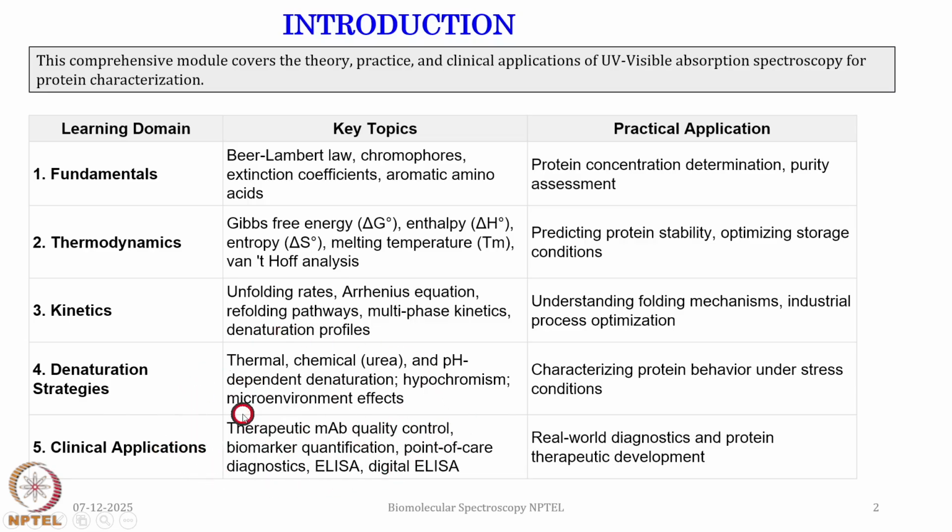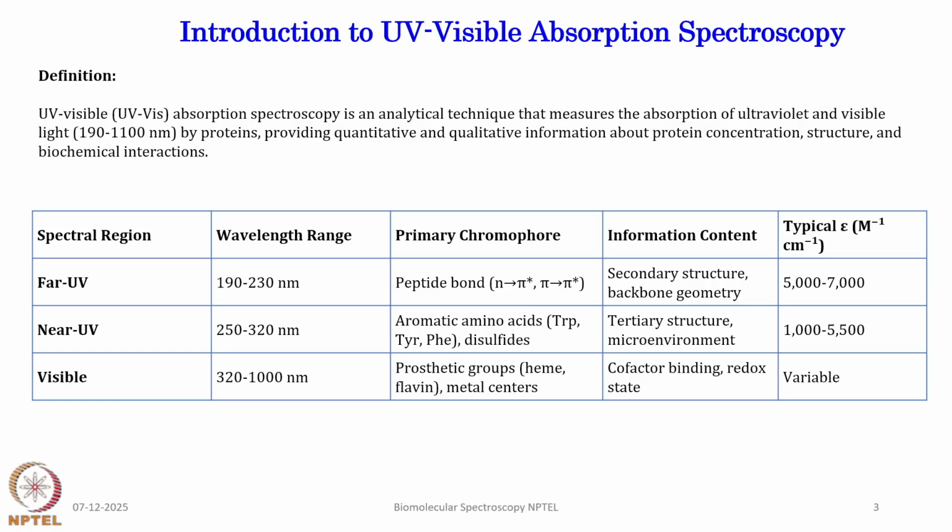Biomarker quantification can be done, and point of care diagnostics can be done using the simple concept of ELISA or digital ELISA, and this helps us in real world diagnostics or therapeutics development, right. Today we are going to touch upon some of these important concepts and how they are used in a therapeutic, industrial or even clinical setup. In this class and probably in the next class we will be continuing that.